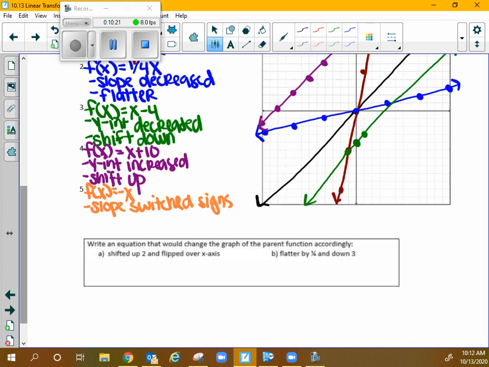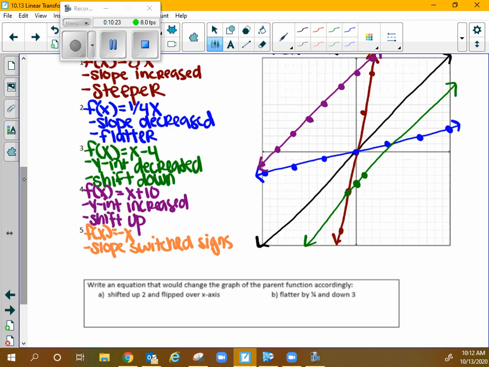The slope switched signs, and yes, Ryan, that means that my line is going to be going the opposite direction. So my line went from +1 to -1. If I swap the sign, it went from +2 to -2.